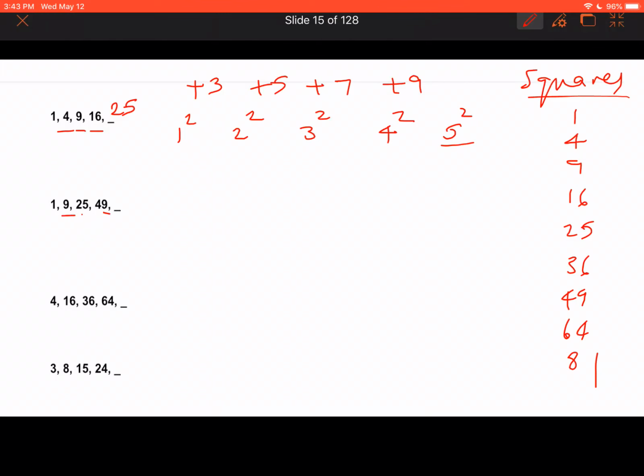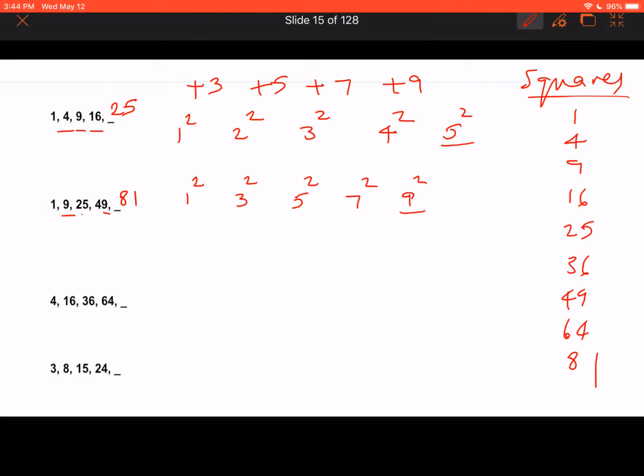But we have to find what pattern it is increasing by. So first is 1 square, second is 3 square, third is 5 square, then 7 square. So the pattern increases by odd number squares. So next will be 9 square. So 9 square is 81.